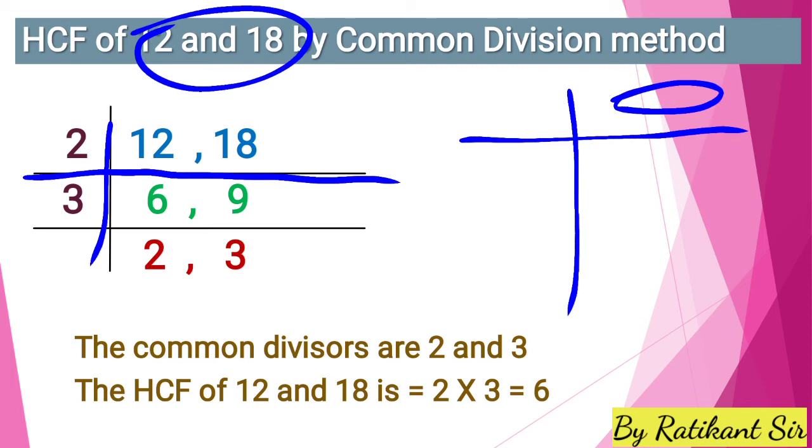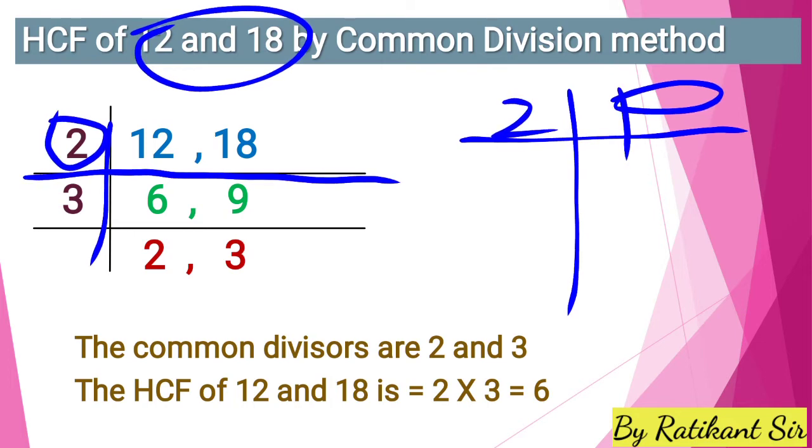Clear? Now we have to check which number both the numbers are divisible by. Actually, 12 and 18 are both divisible by 2. So I have taken 2 at the left side. Why did I take 2?